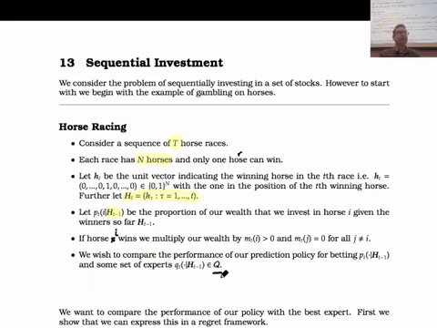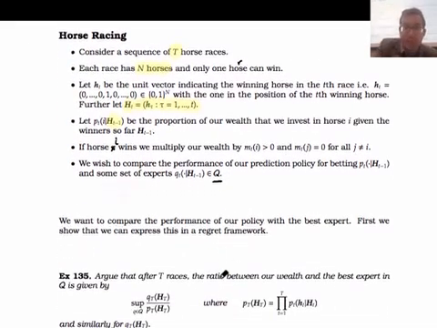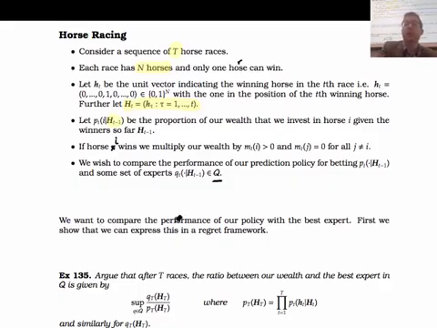And they're going to divulge to us what they're going to do, and then we need to decide off the back of that what we think we should do. Again, we're going to want to compare our policy with the best of these experts. And first we're going to show that we can express this within the framework of regret.